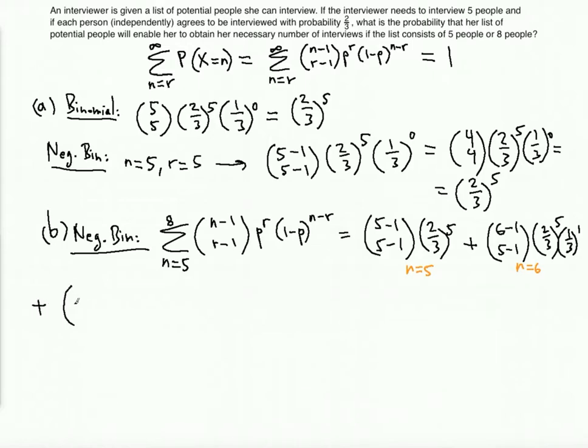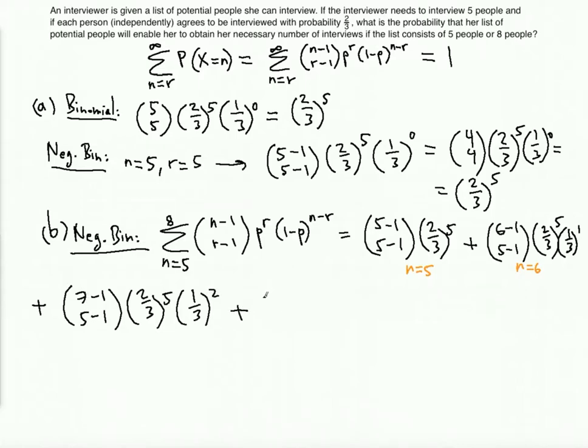The third case, 7 minus 1, choose 5 minus 1, and the bottom stays there, right? Because r minus 1 is always going to be the same. R is 5. So this case is when she will need 7 trials in order to have 5 successes, right? And then 1/3 is raised to the 2nd power, right? Because the difference of n and r, 7 minus 5, is 2.